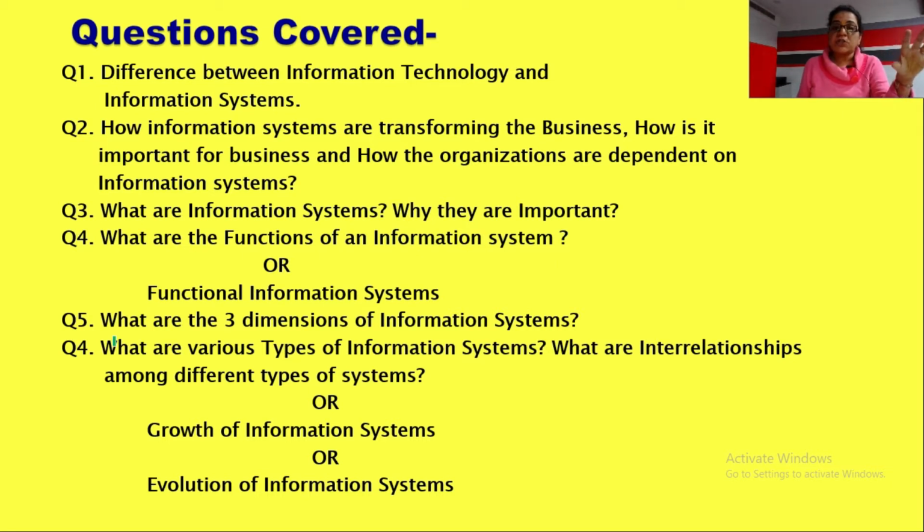What are the functions of the information system? And the same is also known as functional information systems. What are the three dimensions of the information systems? What are the various types of information systems? Their interrelationships, or you call the same as a growth of information systems also, or evolution of information systems also.